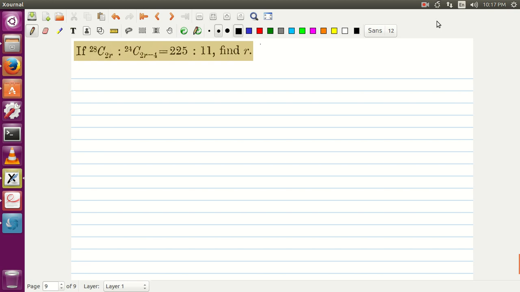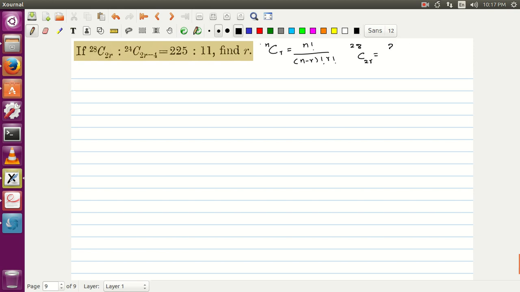For example, let us find out what is 28C2r. We know that nCr is n factorial divided by (n minus r) factorial divided by r factorial. So what will be the value of 28C2r?